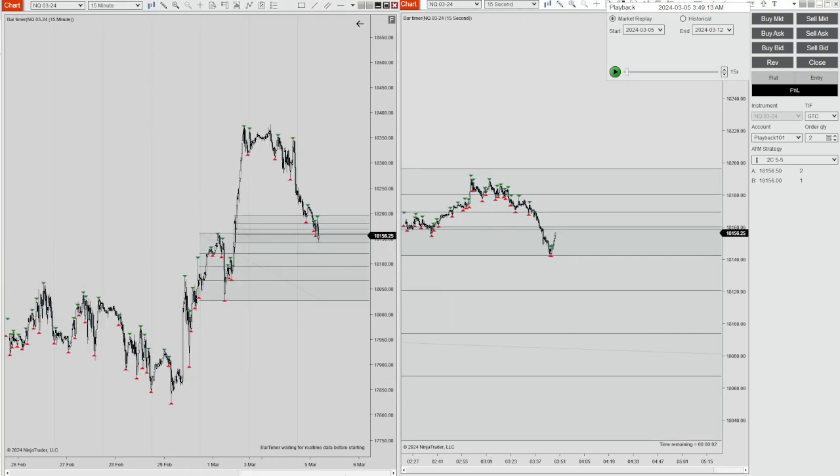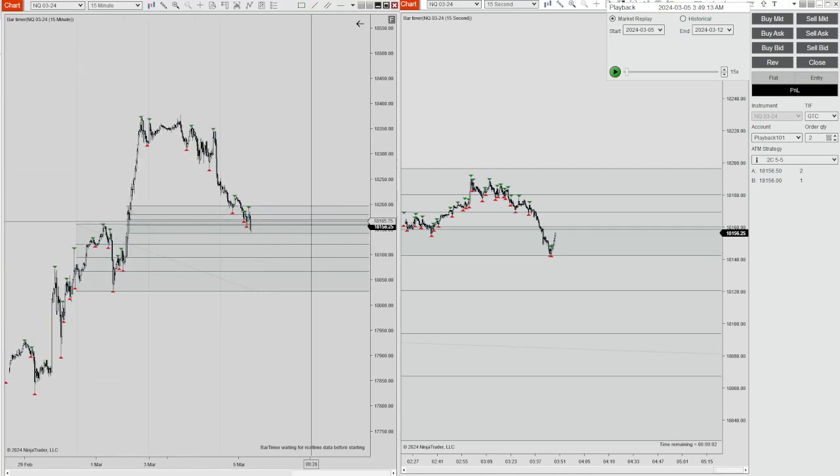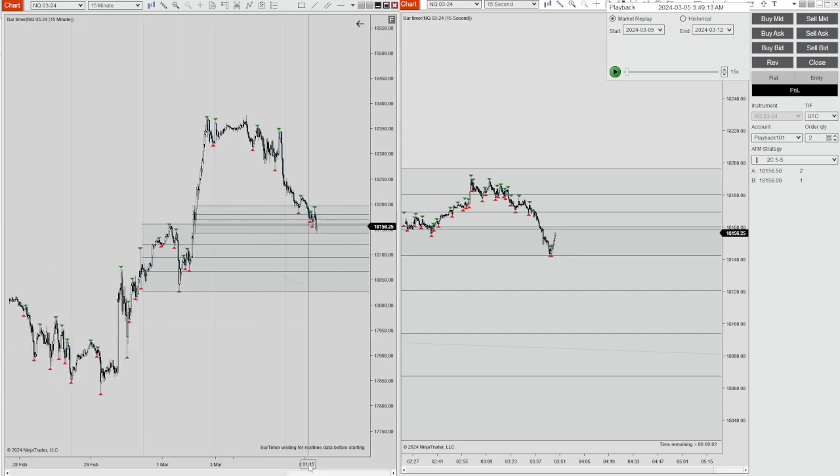So right now we're just reading price, trying to read narrative, and I gave some tips on what I look for in entries, like when I actually pull the trigger, and how I'm becoming more disciplined and cutting back on the number of trades by requiring a few different things before I enter.